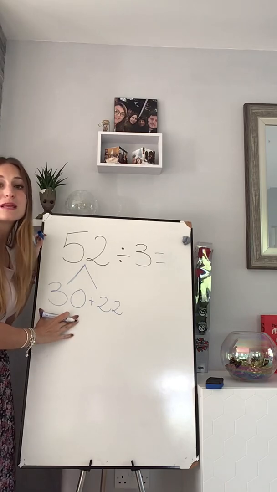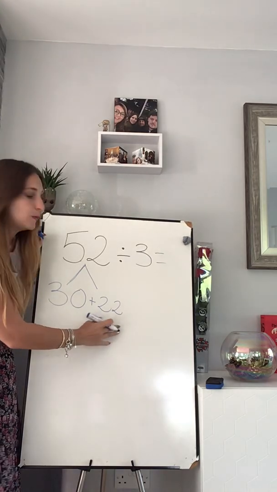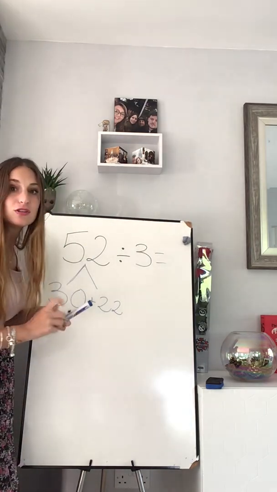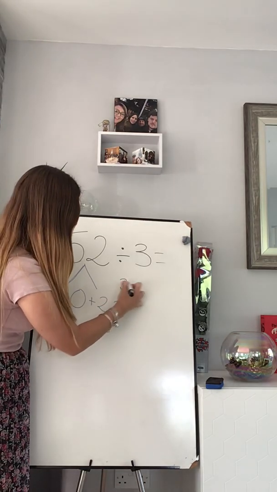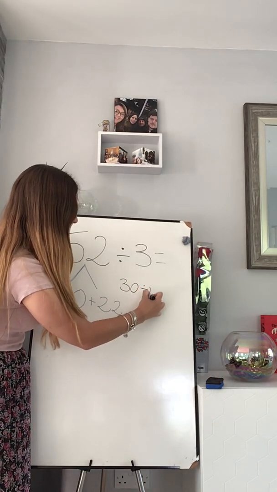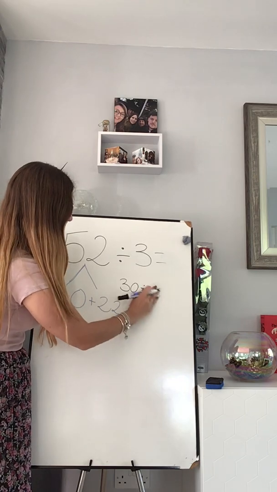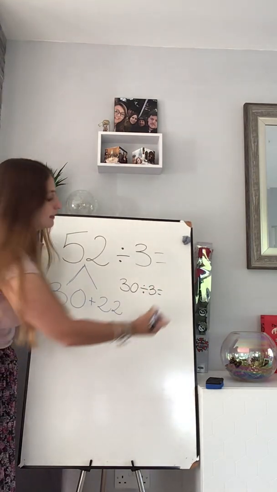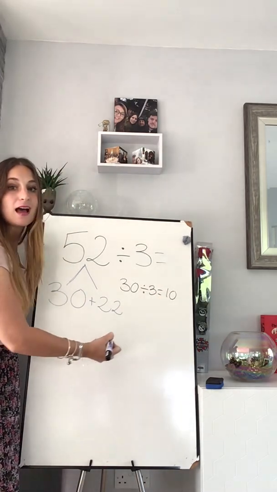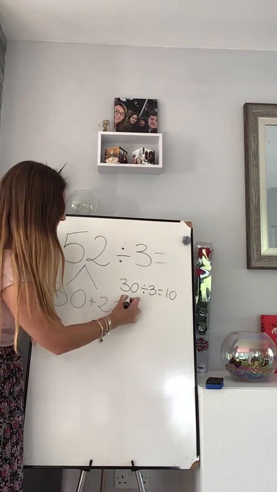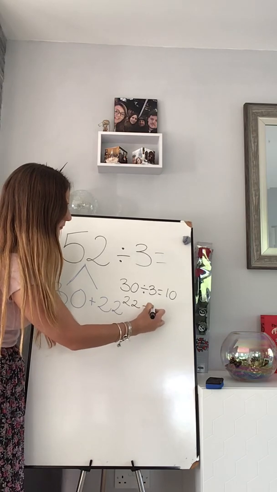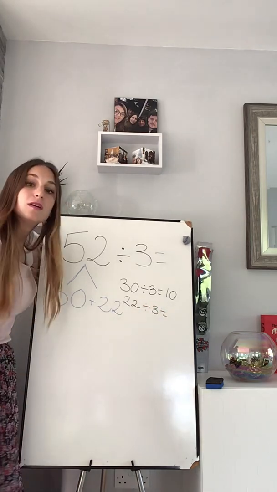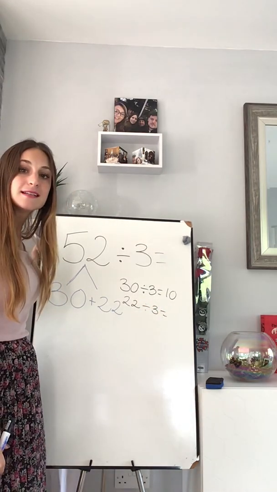So 52 is the same as 30 and 22. So the ones that you did it like this, you should have 30 divided by 3, which is 10, and 22 divided by 3, which, what happens?